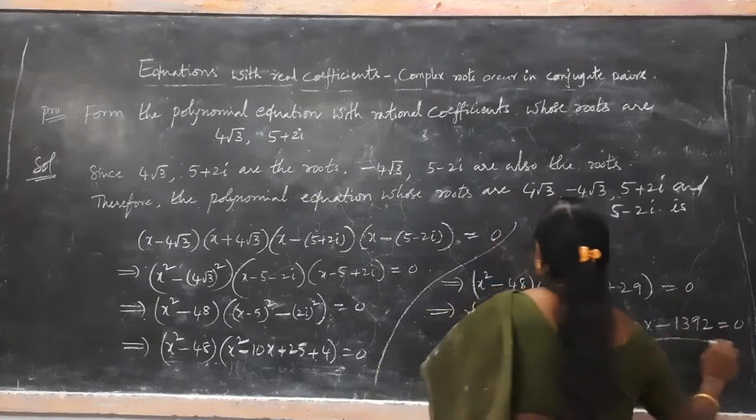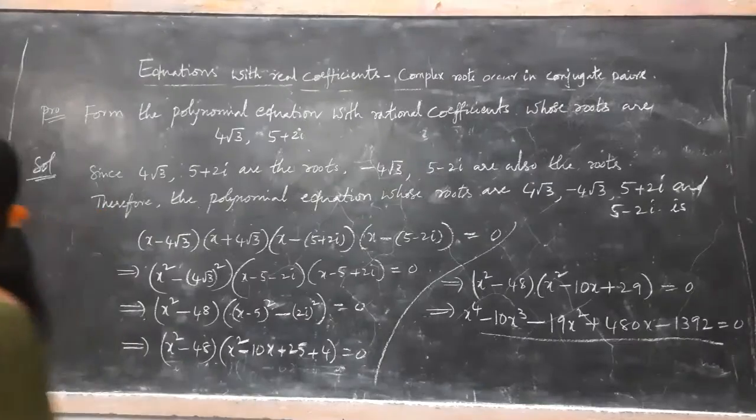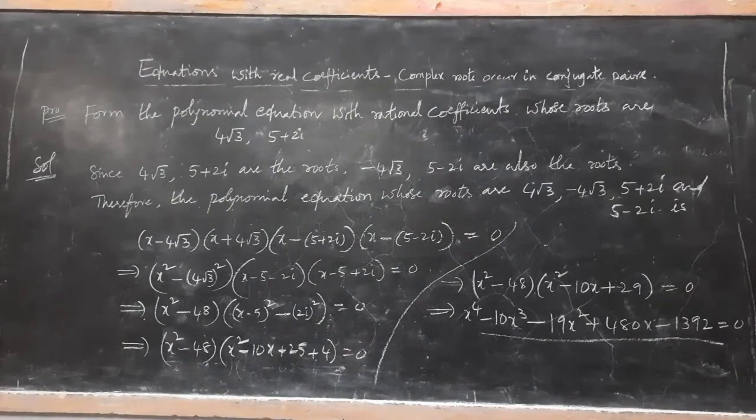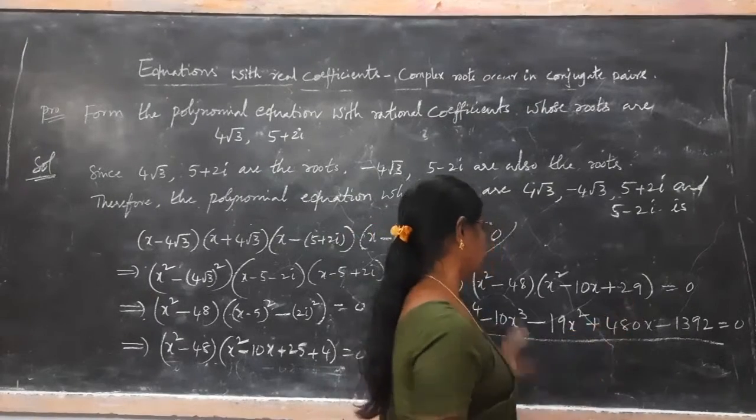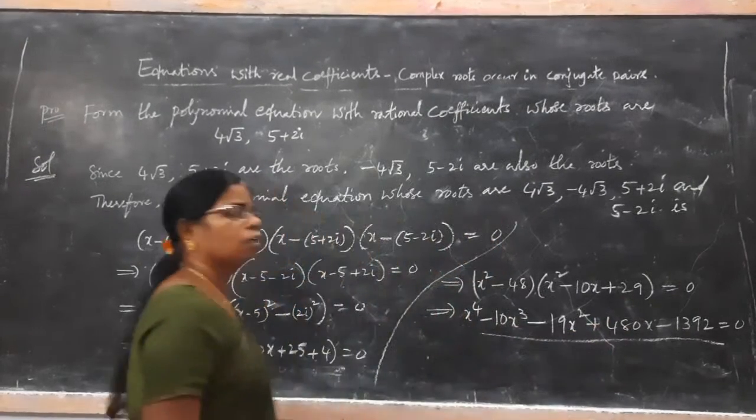This is a polynomial. Here you can observe that all coefficients are rational numbers. Okay, this is the polynomial.